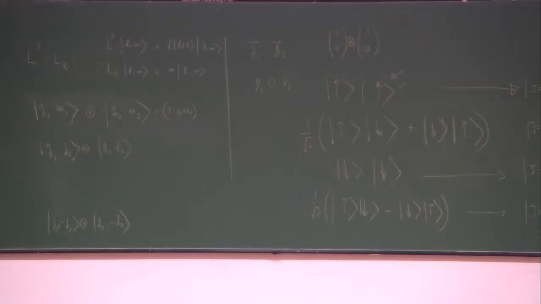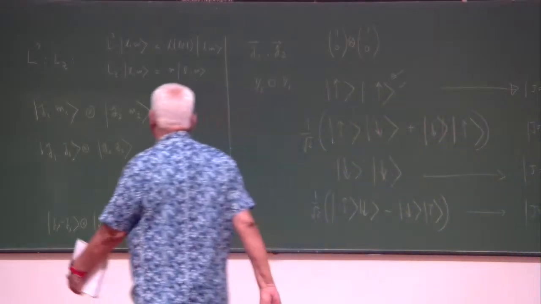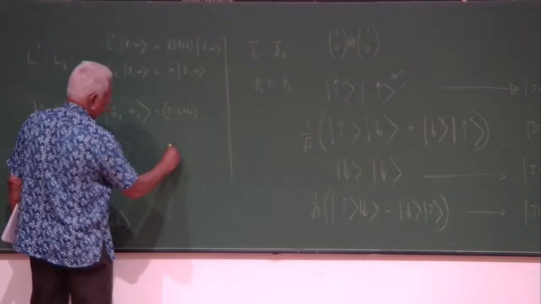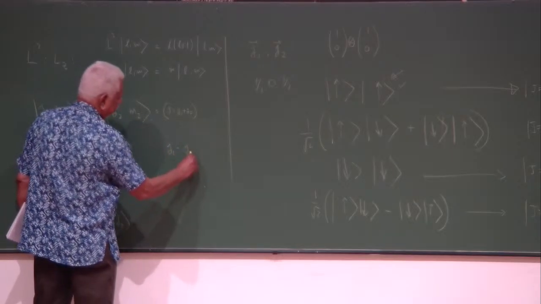Maximum of the first one and the minimum of the second, which is actually J1 minus J2. So the lowest angular momentum that can be there is J1 minus J2. I don't know which one is positive and which one is negative, so I will write J1 minus J2.